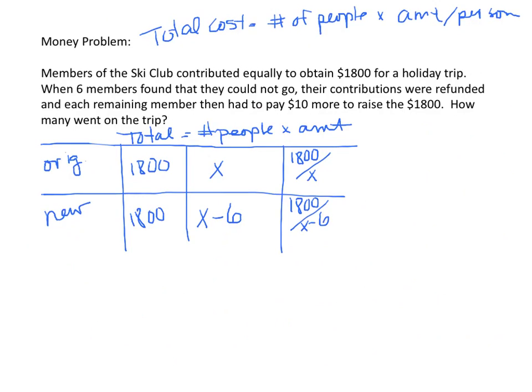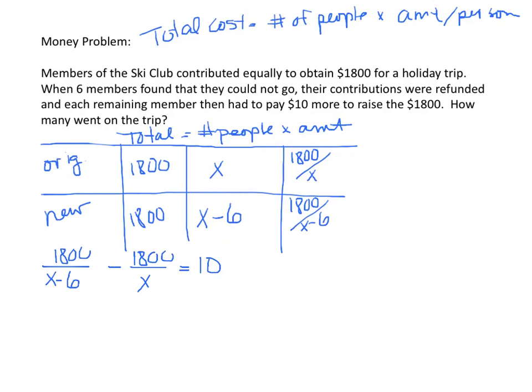Now, remember that each one of these is the amount one person pays. So if I take the amount that I'm paying minus what I was paying before, the difference is $10, right? So I'm paying $10 more here than I was here. I'll set that up in an equation. 1,800 over x minus 6, that's my new amount, minus my old amount, which is 1,800 over x, it'll equal 10.